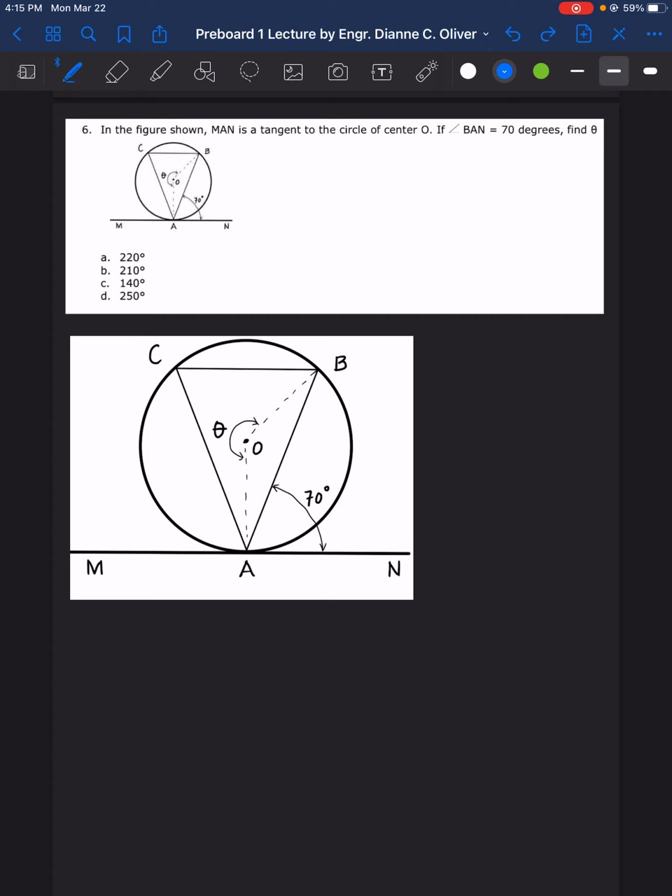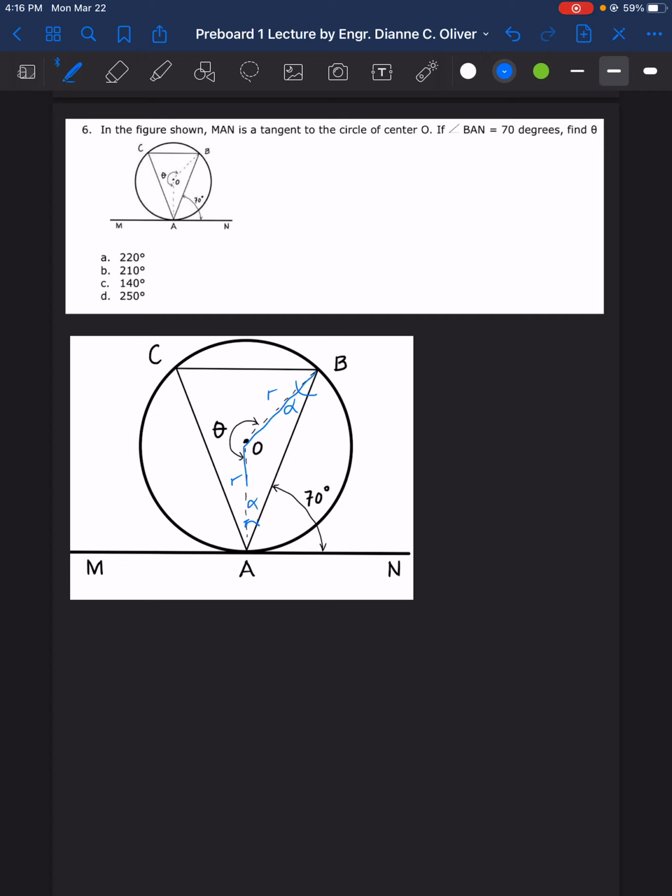Now, how do we solve this? If you see the triangle CAB here, these lines here are actually the radius of the circle, which are equal to each other. Therefore, the angle here is also equal to the angle there.